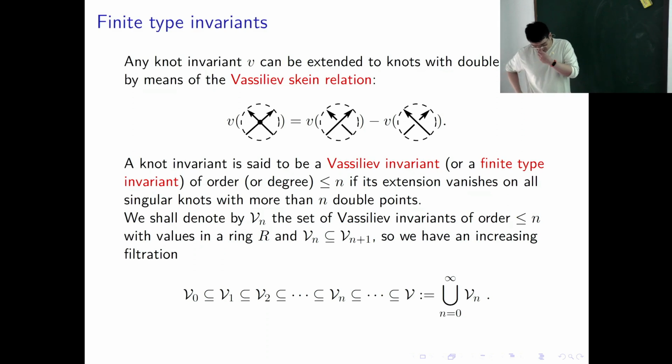First, let me start from finite type invariants, also called Vassiliev invariants. For any knot invariant V, you can extend it to knots with a double point. Here, I say double point, which means a simple double point. I call this a finite type invariant.